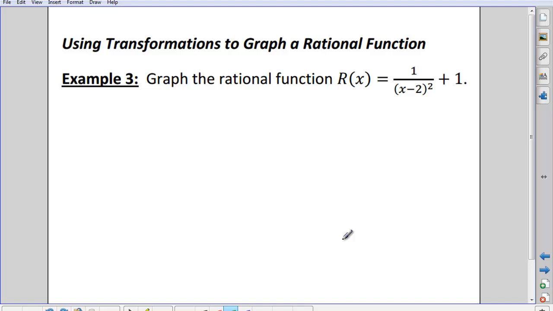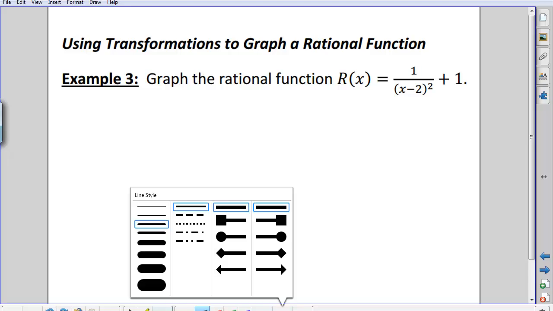Okay, let's kind of look at graphing again real quick. This is graph the rational function r of x equals 1 over (x minus 2) squared plus 1. And so the base graph we're using for this is 1 over x squared.